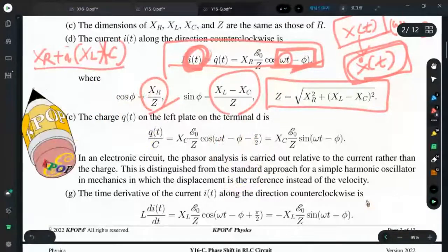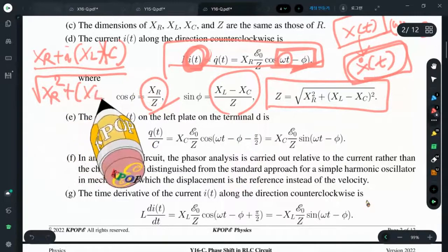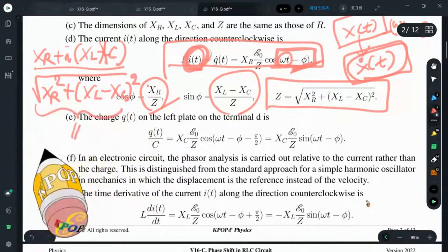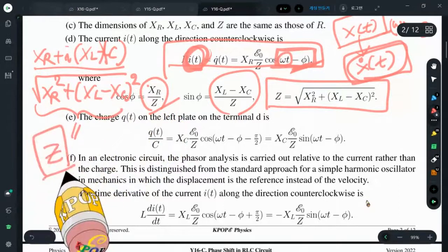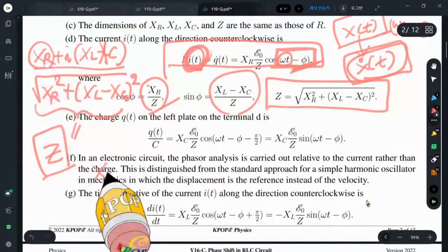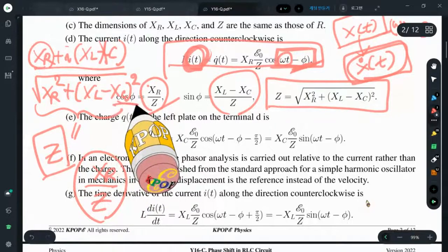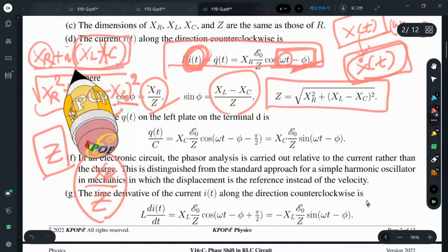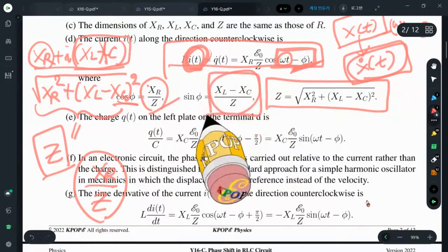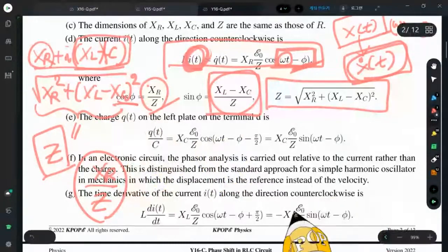And if you divide this by its own magnitude, its modulus, this is called the impedance, Z. XR over Z is cosine phi, and the imaginary part divided by the impedance is defined as sine phi. That's the convention.